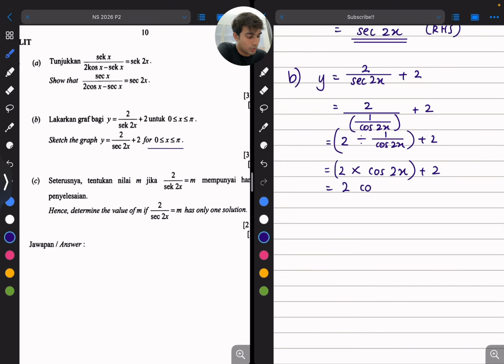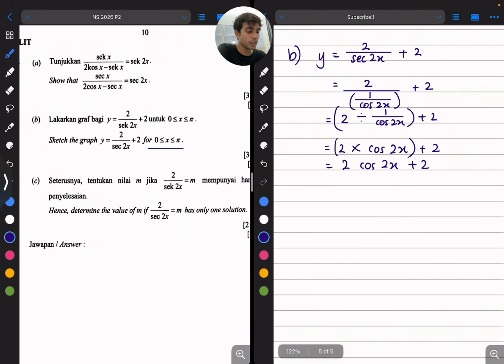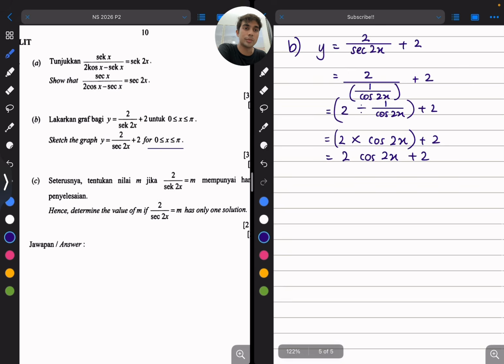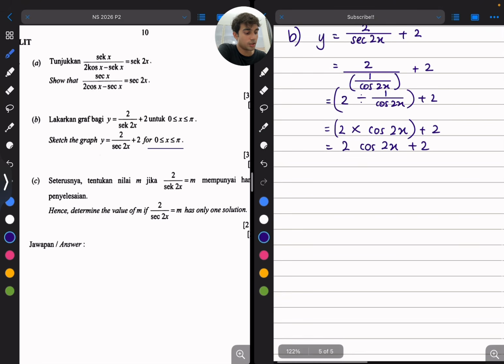So it's basically 2 cos 2x plus 2. This is what we need to draw. They just made our life a bit harder by not giving us cos straight. They are just testing whether we know how to convert this to cos or not. So 2 cos 2x plus 2.